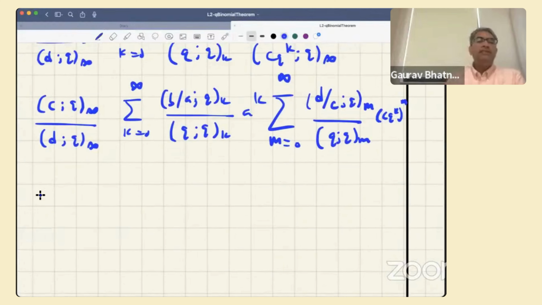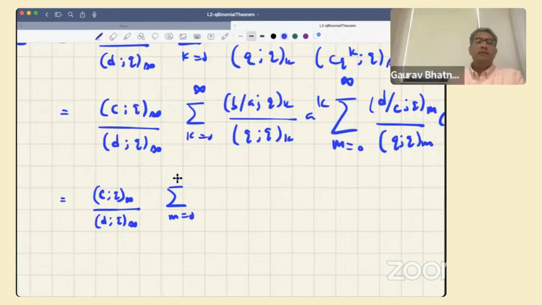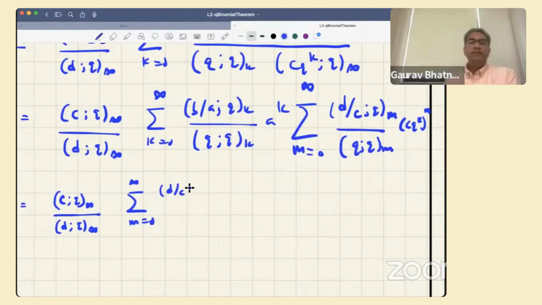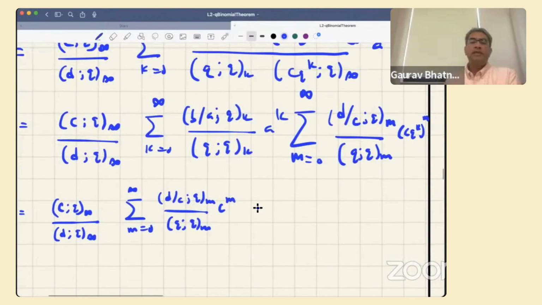And now we interchange the sums. So (c;q) infinity over (d;q) infinity, sum of (d over c;q)_m over (q;q)_m. This part, c to the m, comes outside.